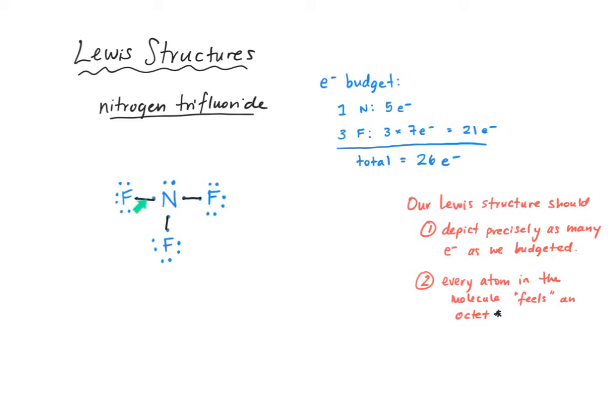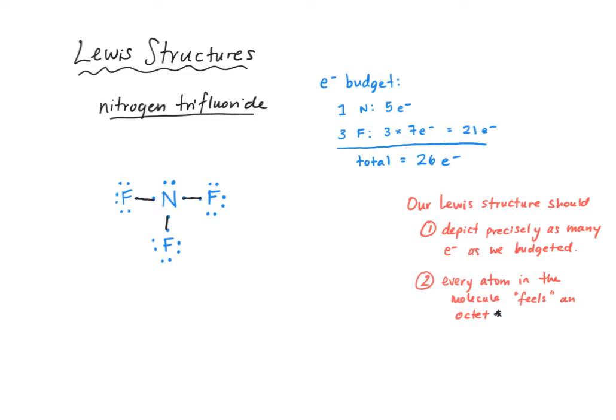So, let's count the total number of electrons shown in this structure. Every line is going to count as 2 electrons, every dot an individual electron. Around each fluorine, we find 1, 2, 3, 4, 5, 6, 7, 8 electrons. Another 8, another 8, that's 24 electrons. There are an additional 2 around nitrogen.